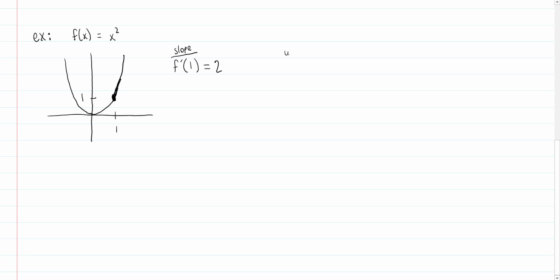All right, so using the equation of a line, we can write out the equation of the tangent line to the parabola at this point (1, 1).